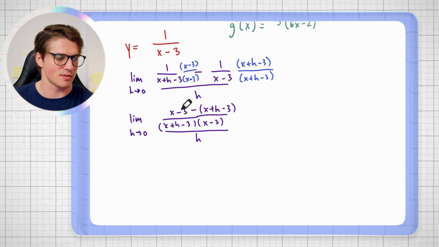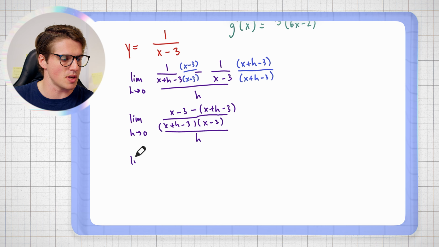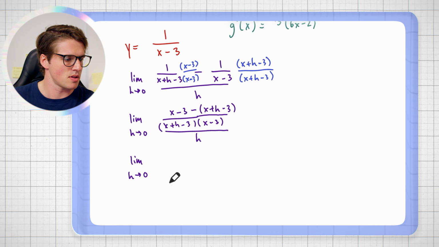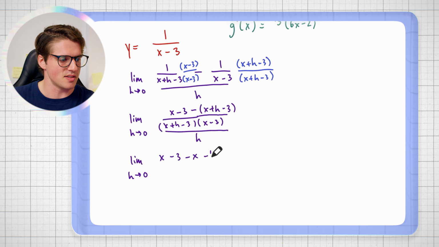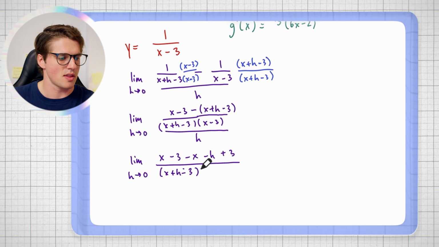Okay, now let's cancel what we can. So the limit as h goes to 0, we have x minus x. Well, let's go ahead and write this out. So x minus 3 minus x minus h plus 3 all over x plus h minus 3, x minus 3.